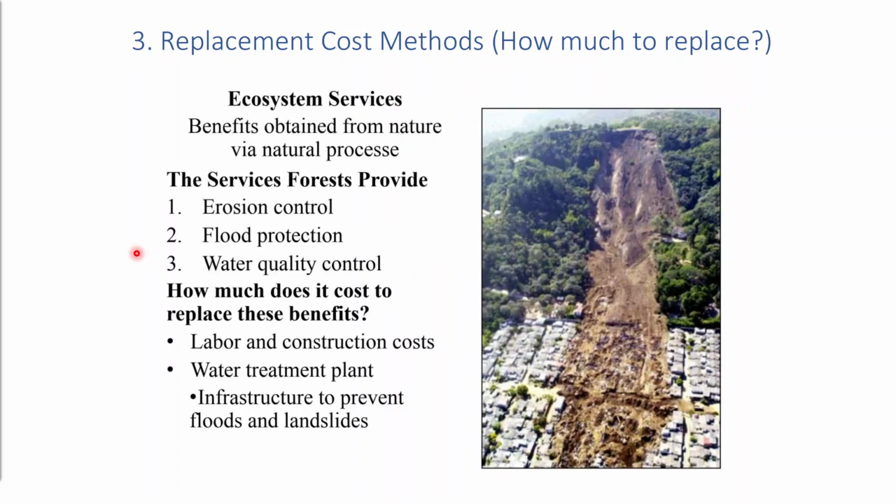All right, so let's take a forest, for example. Some of the services that a forest could provide are erosion control, flood protection, and water quality control. With the replacement cost method, to estimate these services, one question we could ask is, how much would it cost to replace these benefits?